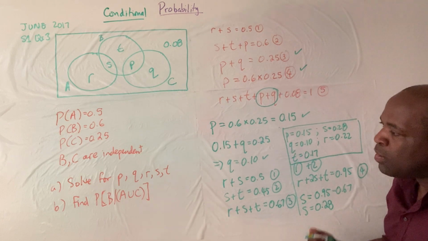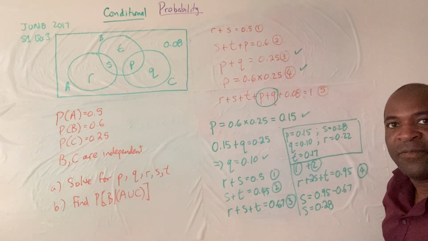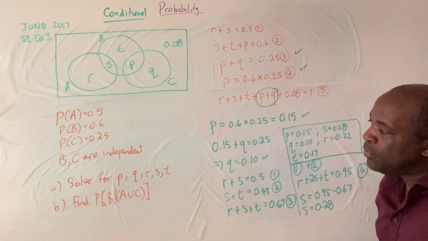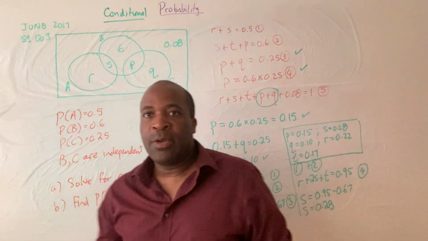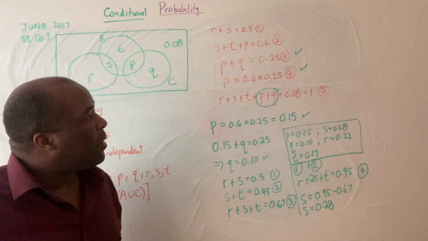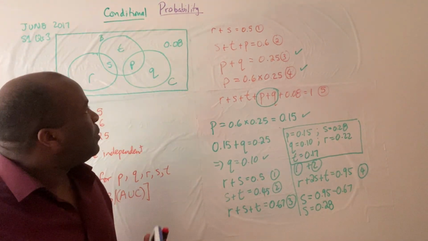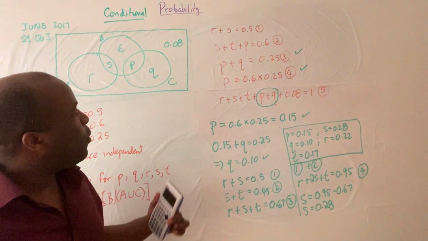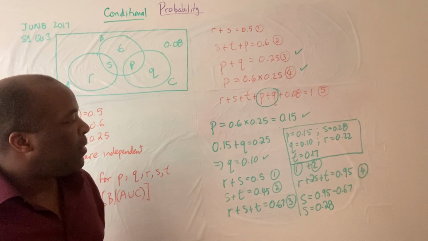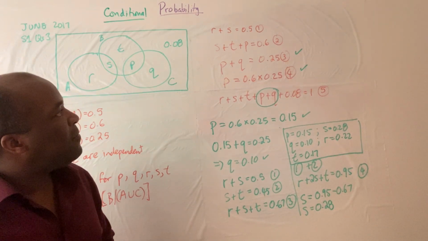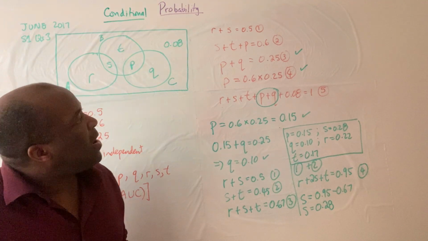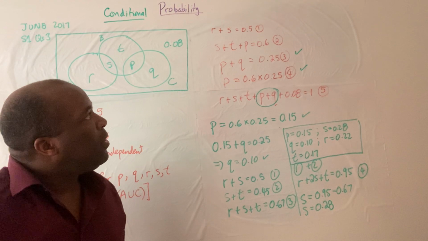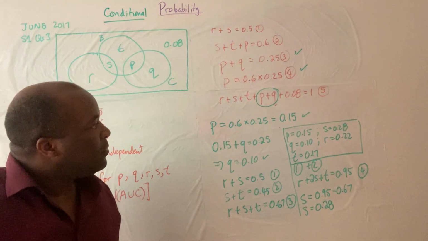All right, so that should complete the part of solving for the individual values of R, S, T, P, and Q. Okay, so notice again, just to reflect on the approach. The approach was using the properties of probability along with the information given to us in the question. We went about setting up five equations and then saw how best we could work out the unknown values.